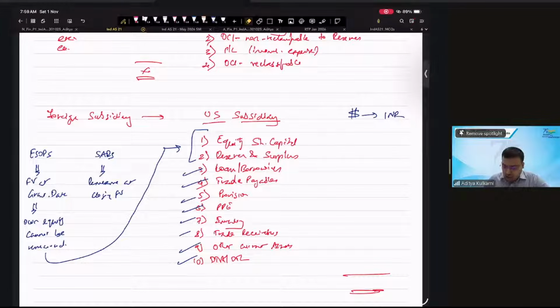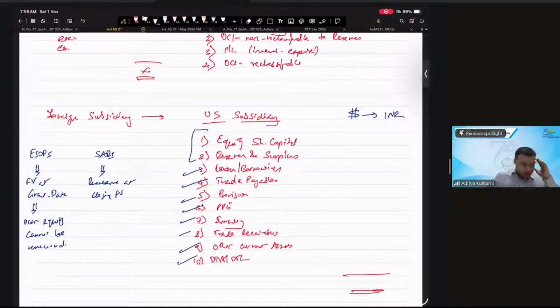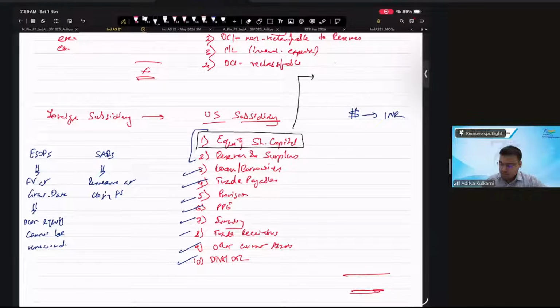Then what rate should I use? This equity capital, in the books of the parent, will be investment in subsidiary. Yes or no?